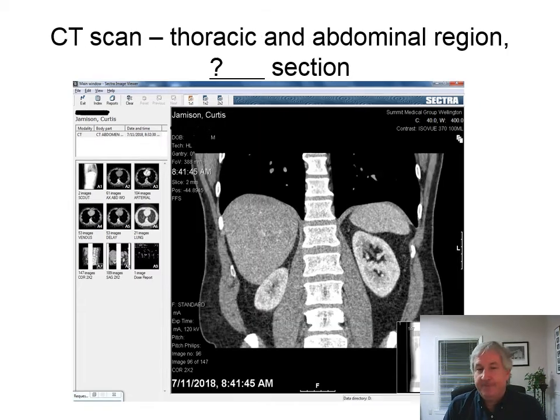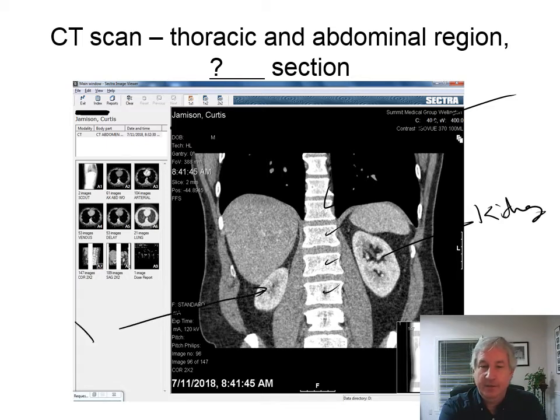All right, next slide. So what is this CT scan? This is the abdominal region, and you can see the vertebrae very nicely. That's each of the vertebrae. Here's a kidney. Here's a kidney. This is liver.